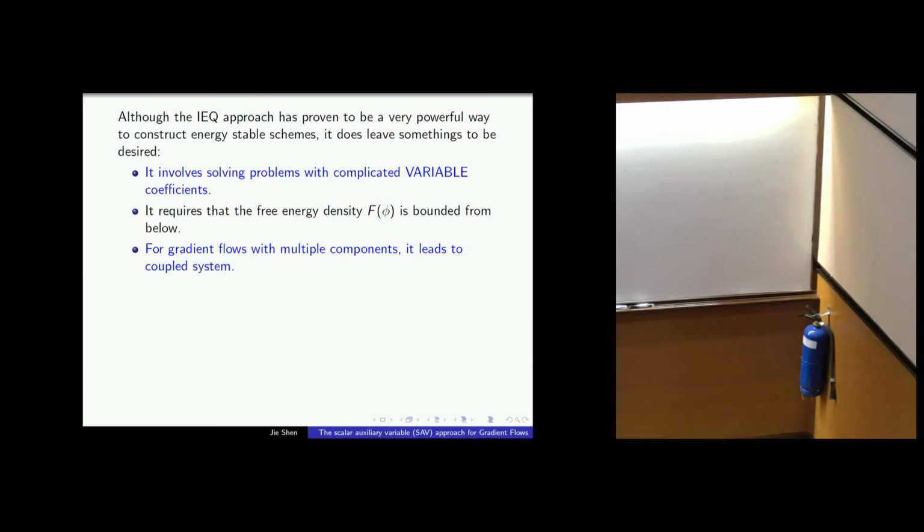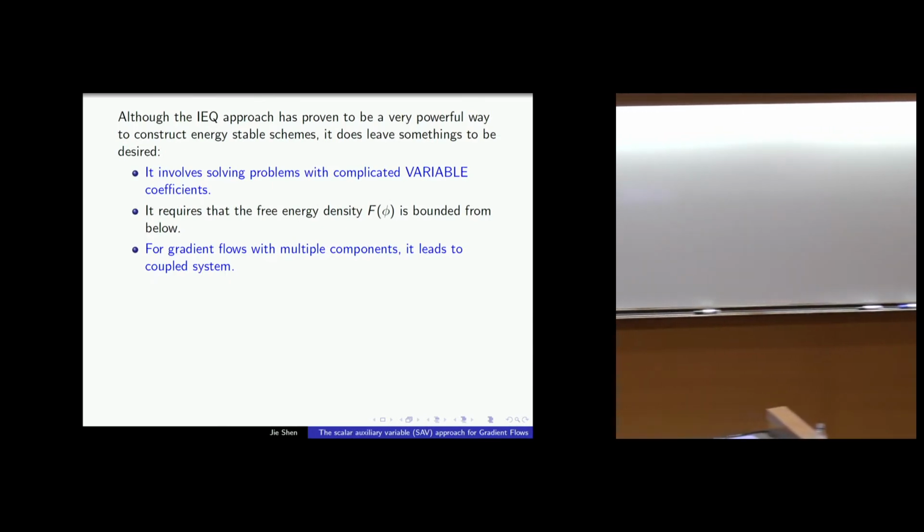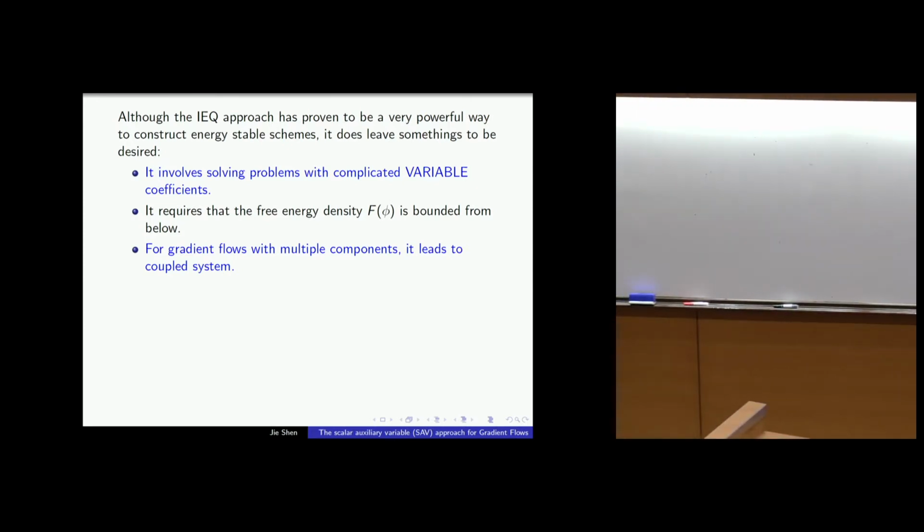And the second thing is sometimes your free energy density is not bounded from below. But the energy, the integral, is bounded from below, right? That is a more desirable assumption. And more importantly, if you have multiple components, you don't want to solve coupled systems, because coupled systems become a little bit more tricky to solve.